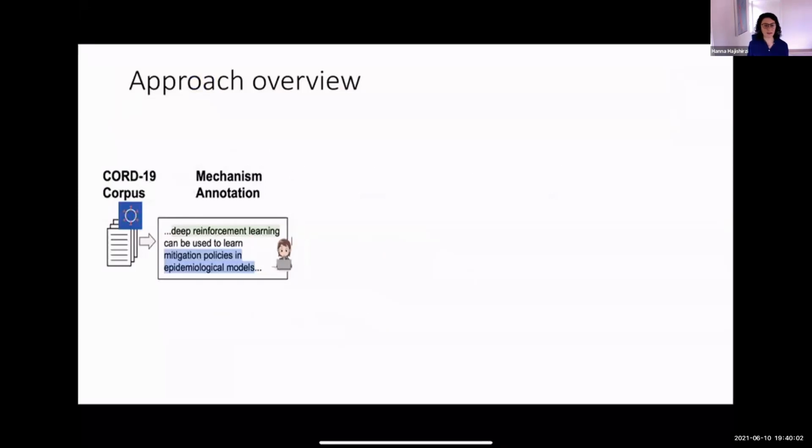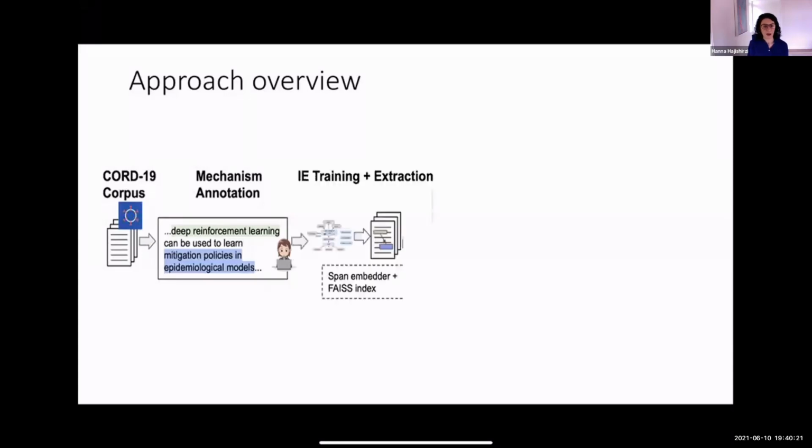Okay, so here is our approach overview. We selected some papers from the CORD-19 corpus of COVID-19 papers. We asked our annotators to annotate mechanisms for some of those papers. I think we did it for about 200 abstracts.